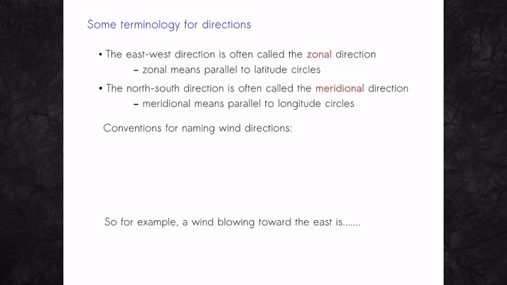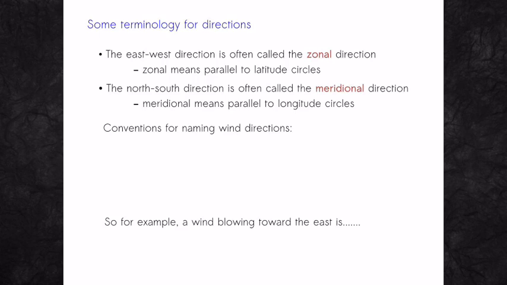But if you're at any given point on the Earth's surface, the direction parallel to the latitude circles is just going to be the east-west direction. The latitude circles at any given point on the Earth's surface are just going to run east and west. So for our purposes, we can take this term zonal to be synonymous with east-west.